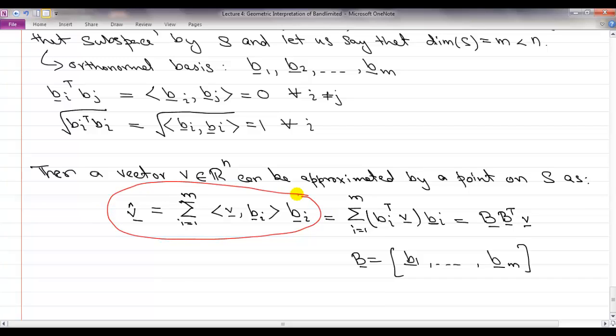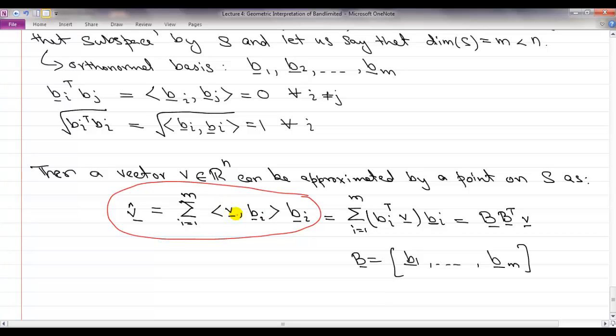If I give you a basis in Rn for a subspace and that basis is orthogonal, and I say draw a perpendicular from any point onto that subspace, which is essentially the closest point of that vector v on that subspace, the formula is simply given by take inner products of your vector with the basis vectors and then multiply with the basis vectors and add them all up. This operation is called projection.